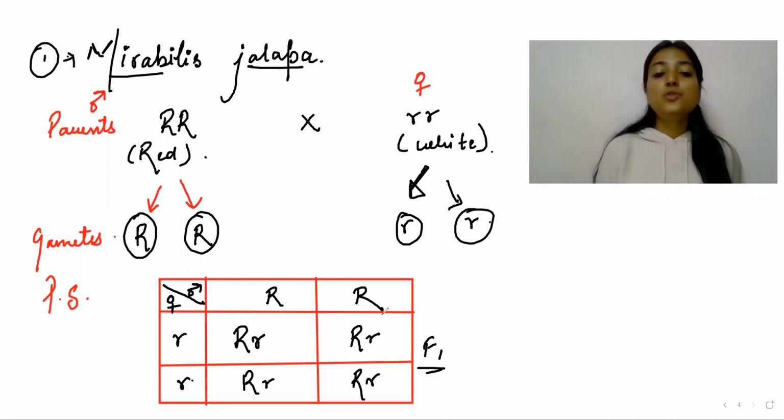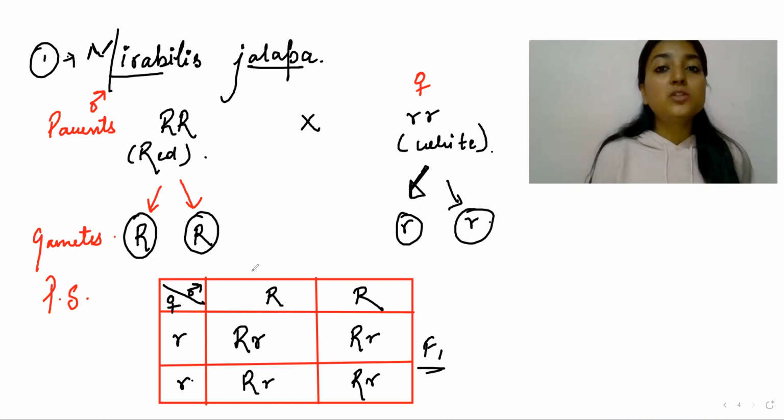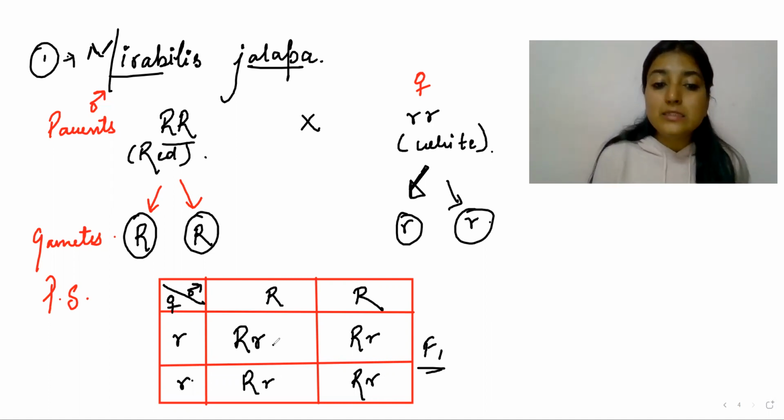Fine. So now, in the case of law of dominance, if we start with pure lines, which we started over here also, it is the dominant character which expresses itself. But in this case, here it is capital R, small r, that is the dominant and the recessive. But here the dominant is unable to completely express itself.